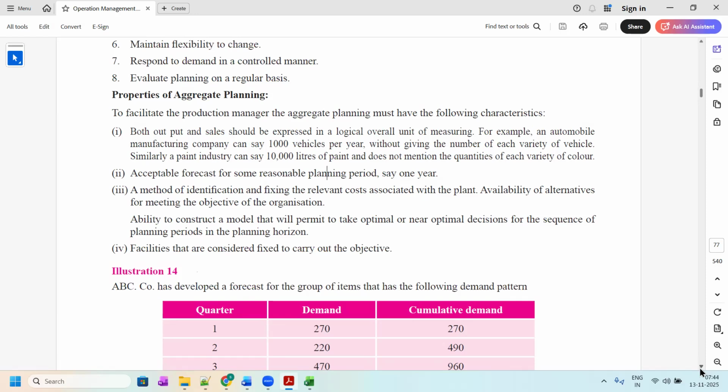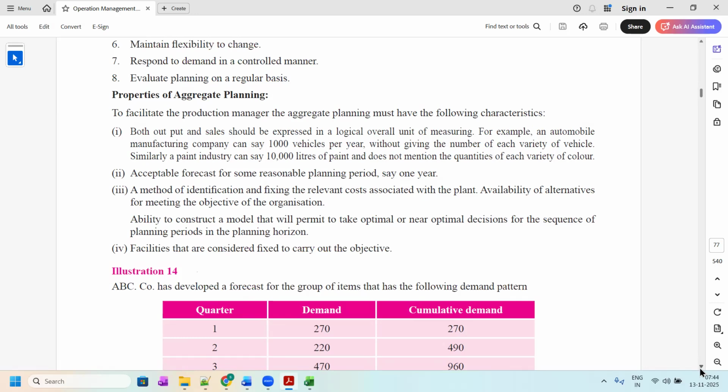We also fix some relevant cost associated with the process. And the main objective facilities are considered to achieve the main objective of the organization. Correct.